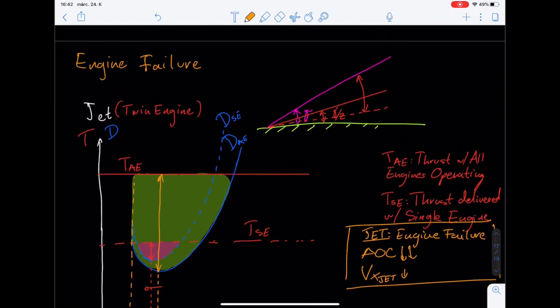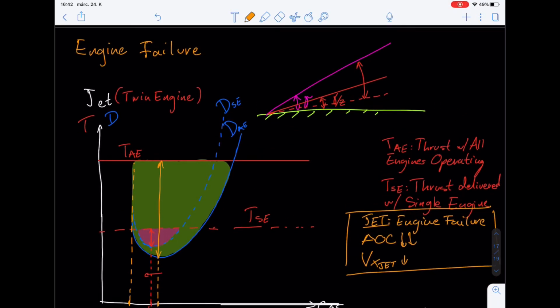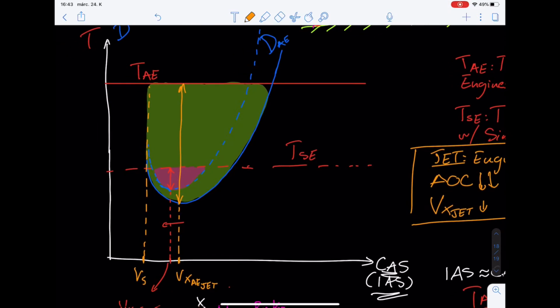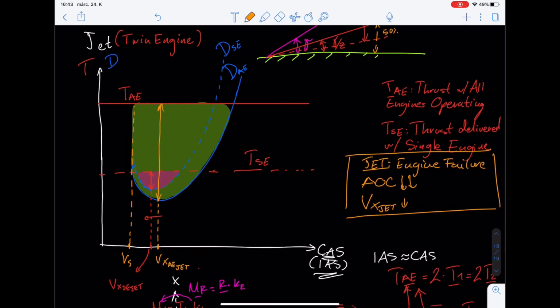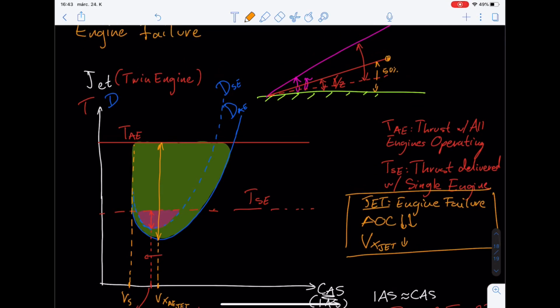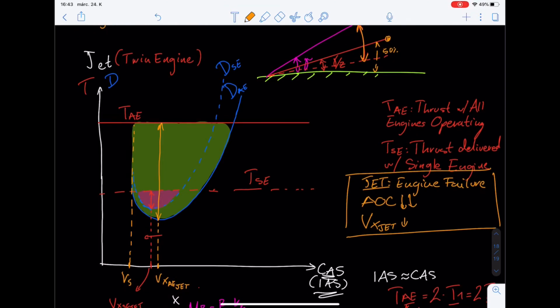So this leads us back to our initial conversation about the flight path angle. We can definitely see that the flight path angle with the failed engine is not 50% of the initial one. It didn't just drop to half, but actually we see a much more severe reduction in most cases in the angle of climb if you have an engine failure.